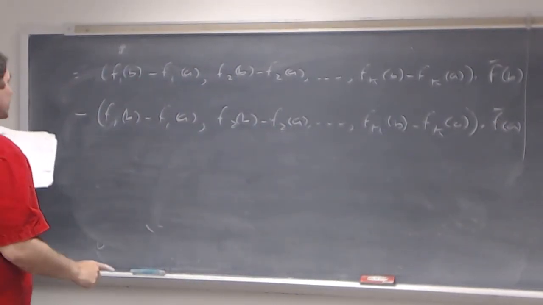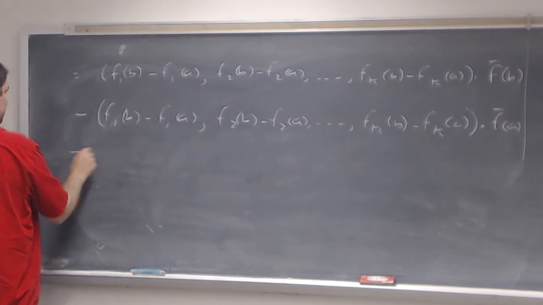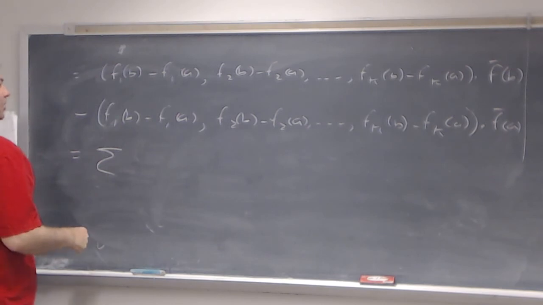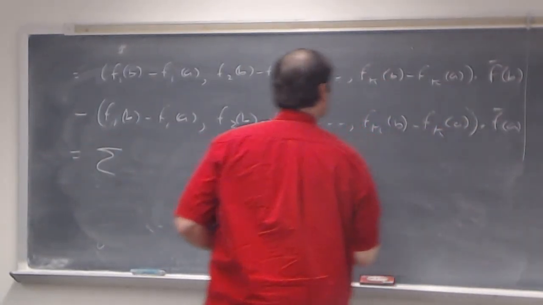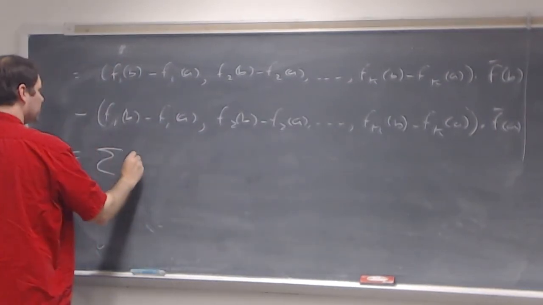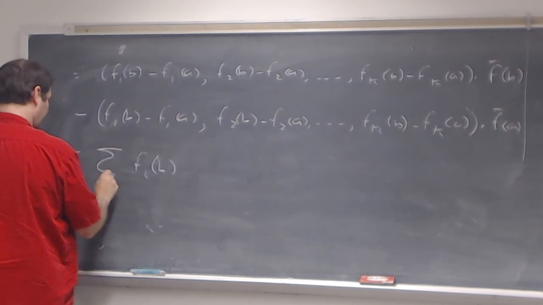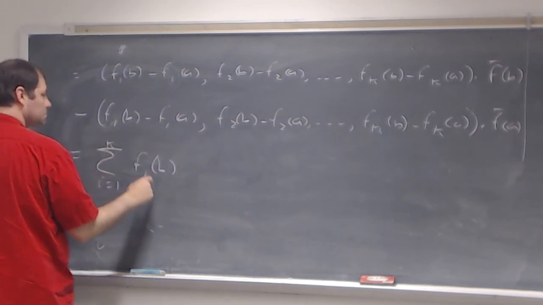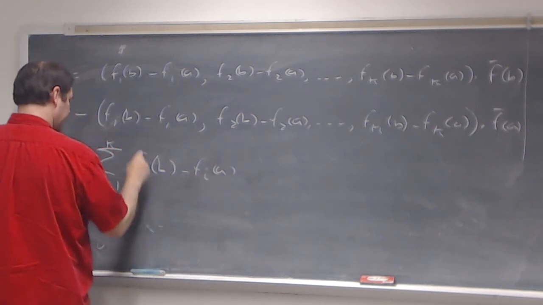Now, we can rewrite this. This first quantity is one sum, so how do we do the dot product? We take each component from here times the corresponding component here. And so this would be F sub I of B, as I runs from 1 to K. F sub I of B minus F sub I of A, same I here.